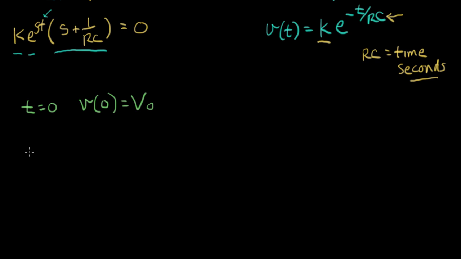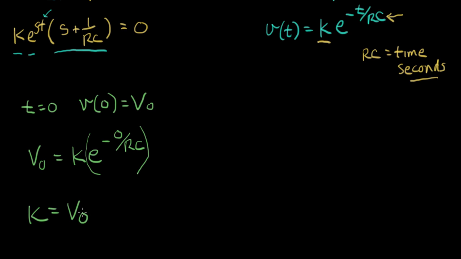V at time equals 0 is V naught, and that's equal to k times e to the minus (t minus 0) at time 0 over RC. Now this whole expression is e to the 0, or 1, so it drops out of the expression, and all we get is k equals V naught. k is the starting voltage on the capacitor.